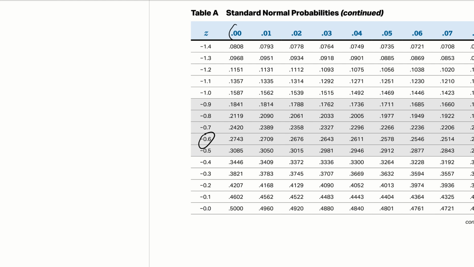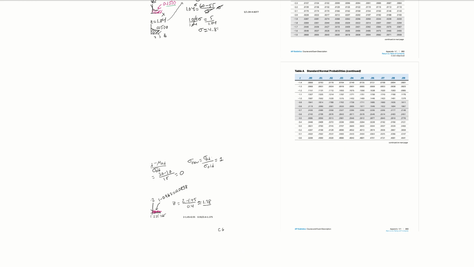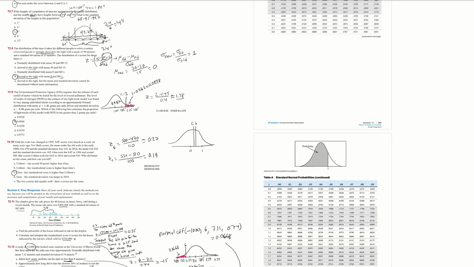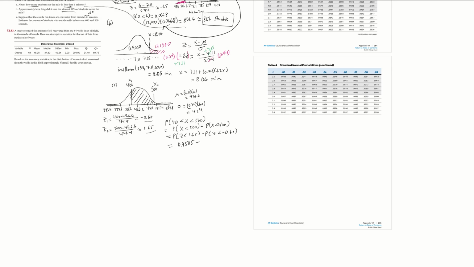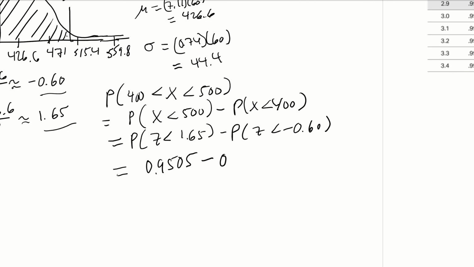Negative 0.60 gives 0.2743. Alrighty, so we subtract those two things, and we get 0.6762.